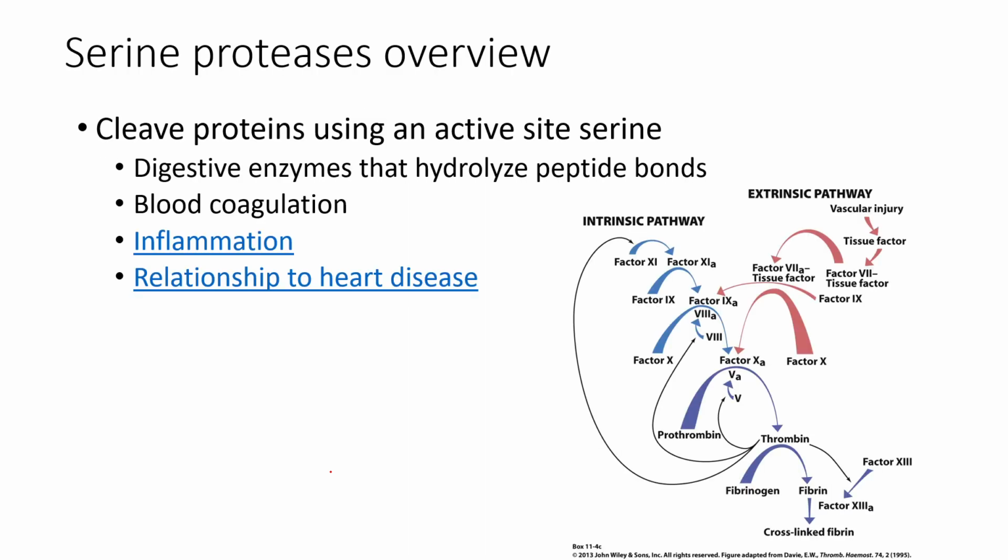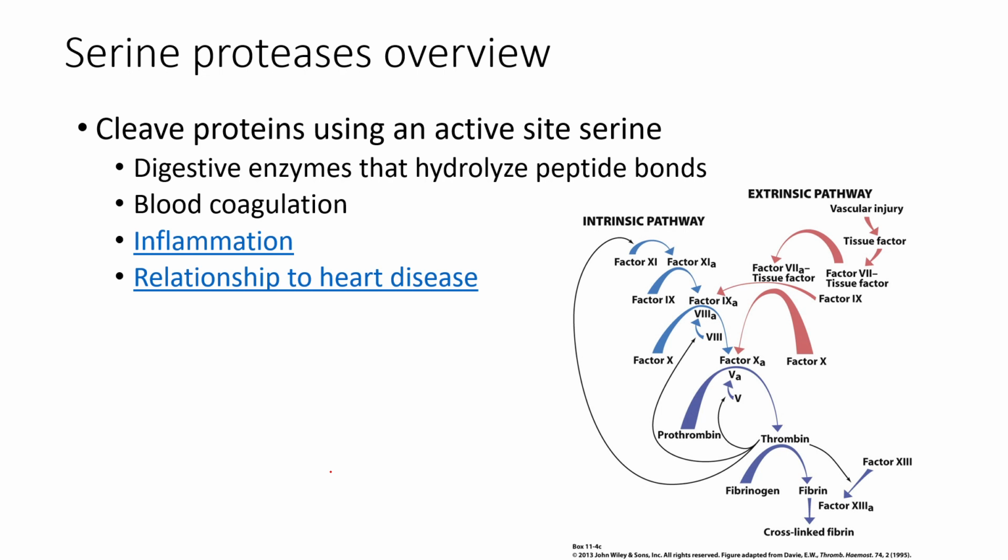So, first of all, let's talk about what serine proteases are. What do they do? As the name might suggest, protease, meaning cutting a protein, serine, right? These serine proteases' job is to cleave proteins, and they use within their active site a serine residue of a serine amino acid. There are a number of different enzymes that have this type of serine protease activity.